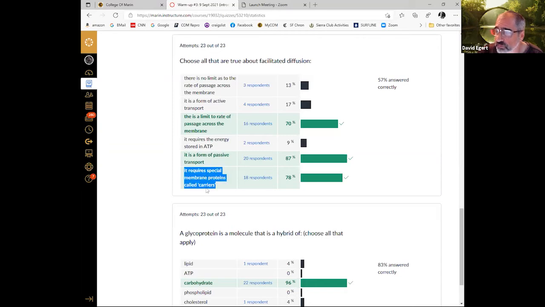It requires special membrane proteins called carriers. And then the big difference between just regular diffusion and facilitated diffusion was that there was a rate limit. I talked about the carriers being like a revolving door where there's just a maximum number of molecules that can move through from one side to the other in any given amount of time.